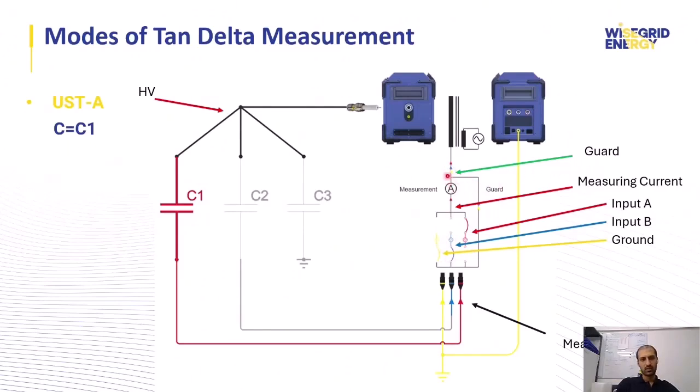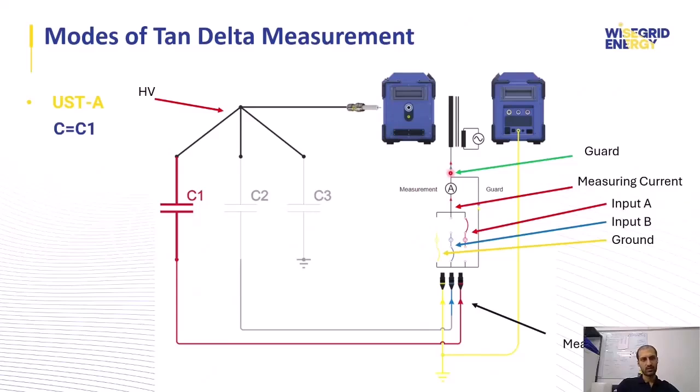The back of the ammeter is called guard, and when we don't want to measure a current of the test object, we can connect it to the guard. So if a test object is connected to the guard, the current passing through it is not measured.